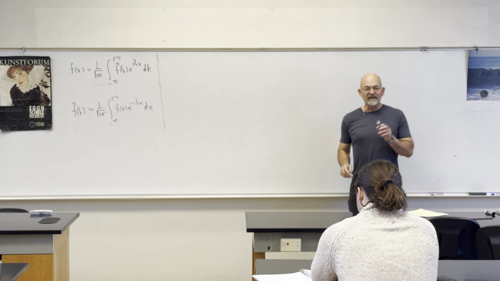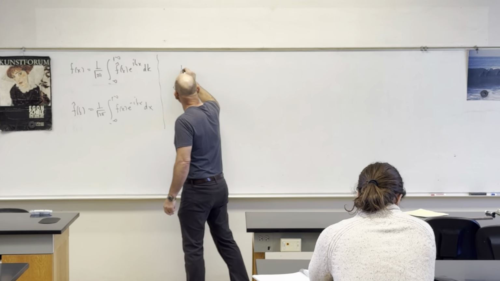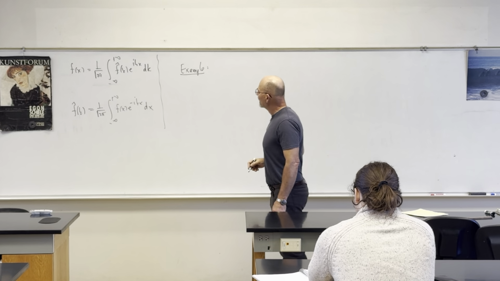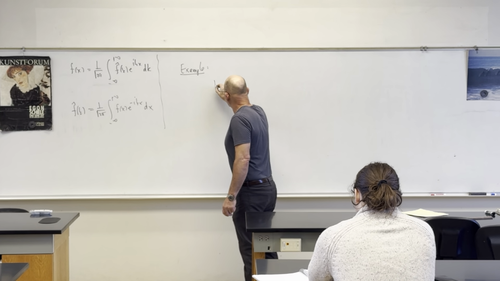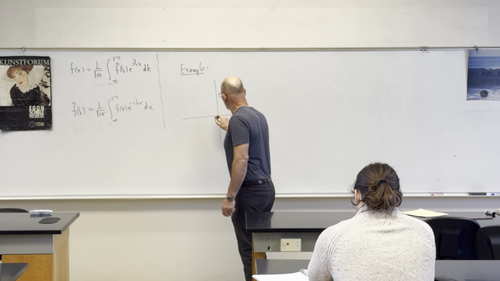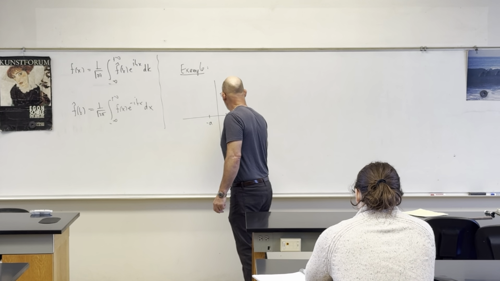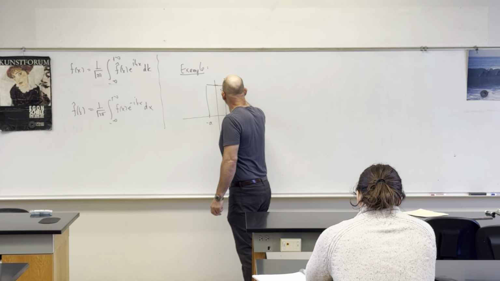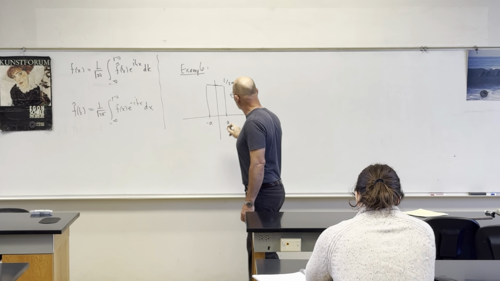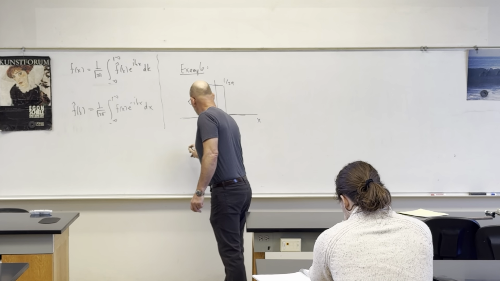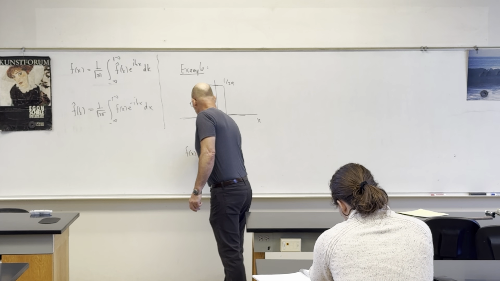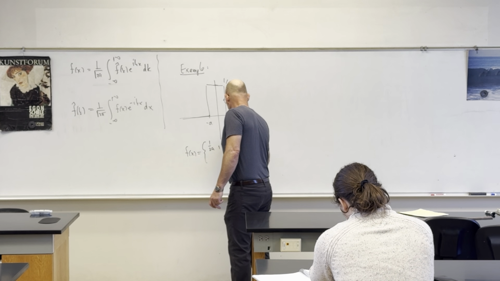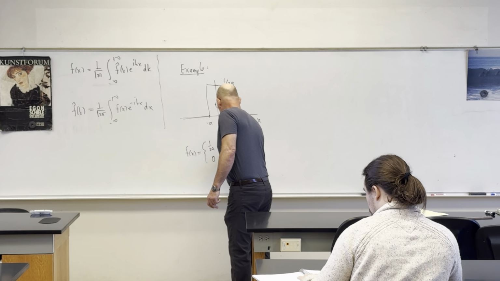Okay, so like I said, the first example is that same spike we had as a homework problem with the series. So we're looking at this same function, from minus a to a, it equals 1 over 2a, and 0 otherwise.